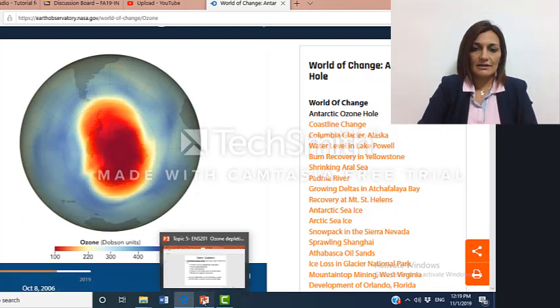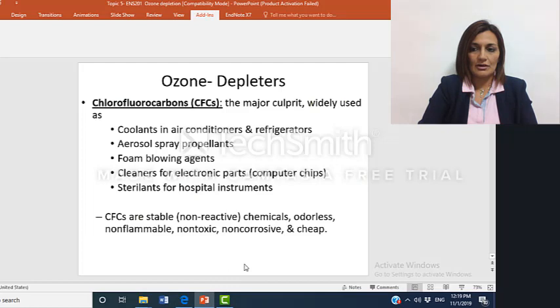Now back to our slide. Here we see depleters of ozone. So which gases are most likely to deplete, and why do we know it is man-made or anthropogenic? The first depleter is CFC, which is the chlorofluorocarbon. And where do we find it?